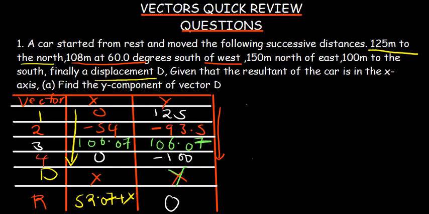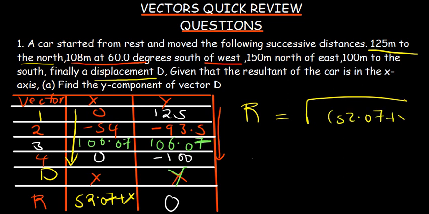Because your resultant is of course going to be given as the root of the x component squared and the y component squared. So the y component is 0, the x component is 52.07 plus x, squared. So the root and the square are going to cancel out because they are inverses of one another. So you only have 52.07 plus x.